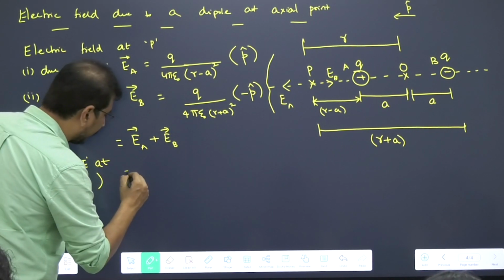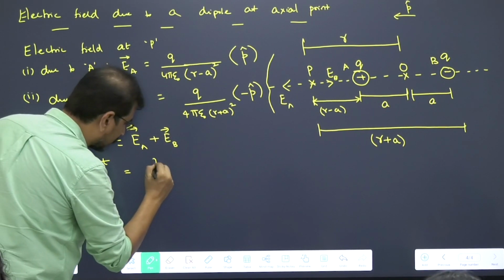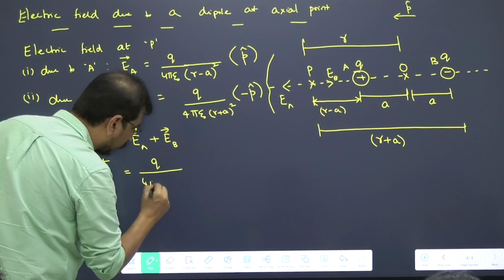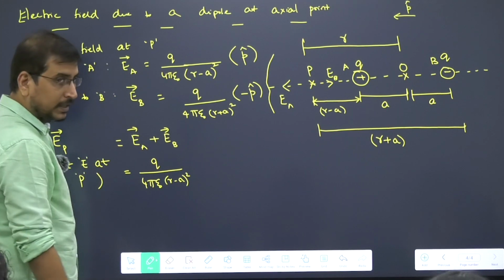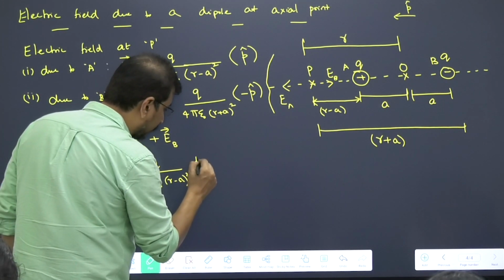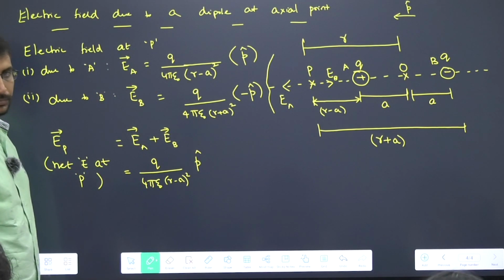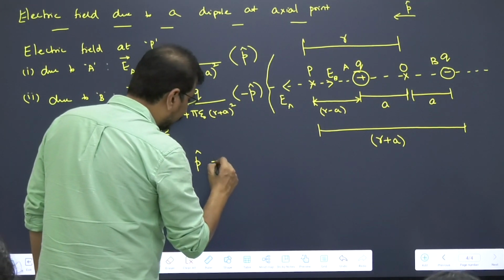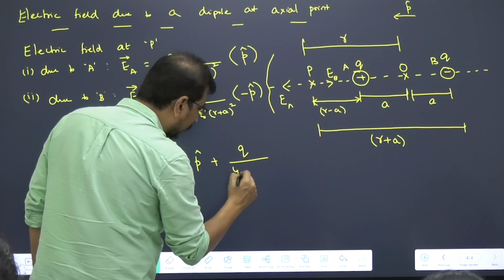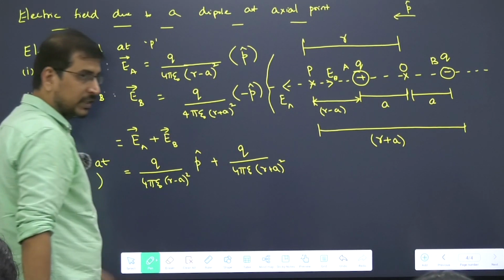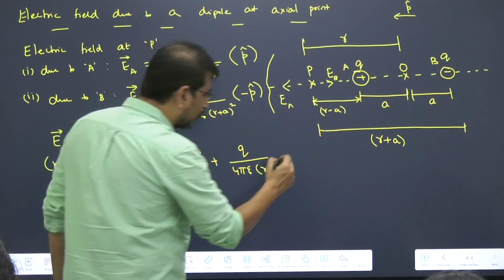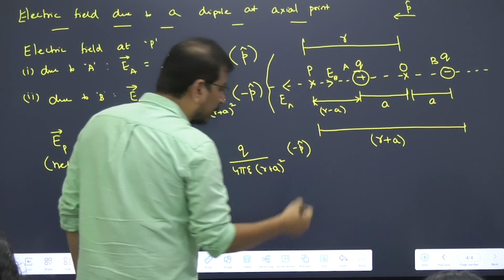So what is EA vector? Take this into consideration. Q divided by 4 pi epsilon naught into r minus a the whole square, and don't forget the direction. It is going to be P cap, plus Q divided by 4 pi epsilon naught into r plus a the whole square, which is going to be the direction of minus P cap.